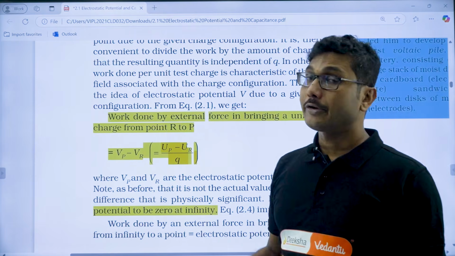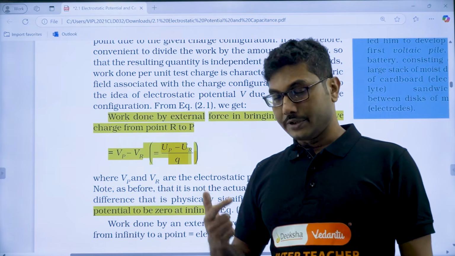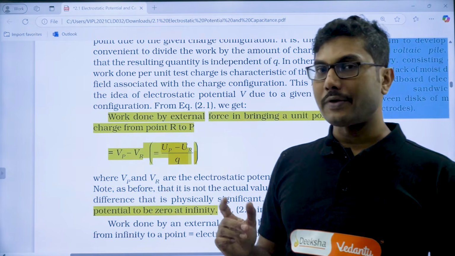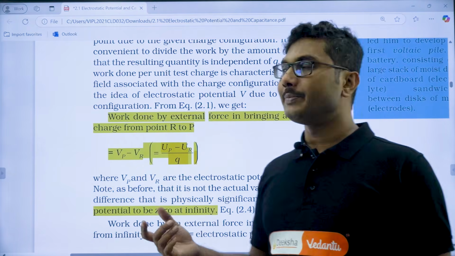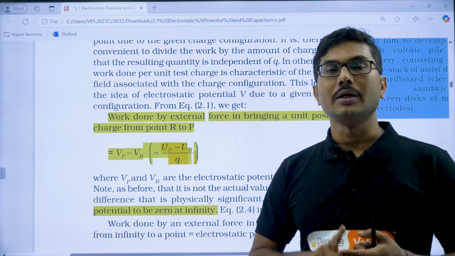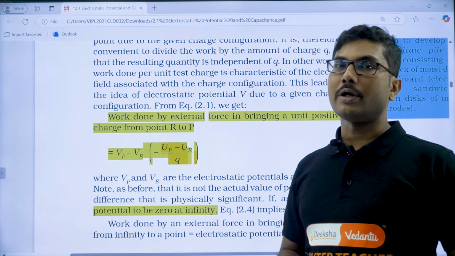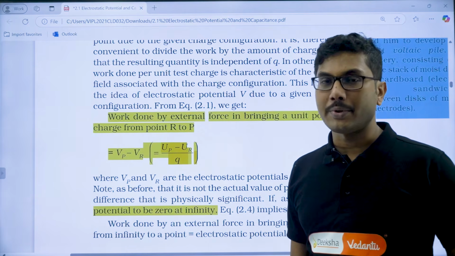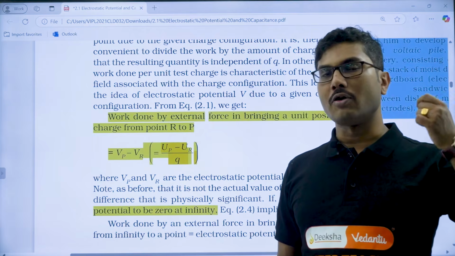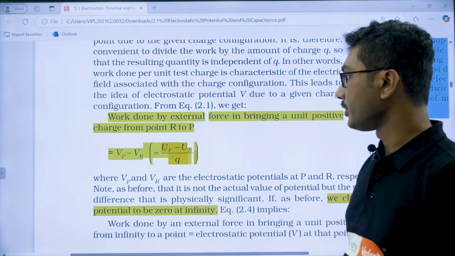Electrostatic potential, as I already told you, is different from potential energy. Potential is basically potential energy per unit charge. So it is a fixed quantity, it does not depend on the charge, because it is defined only for one unit positive charge.